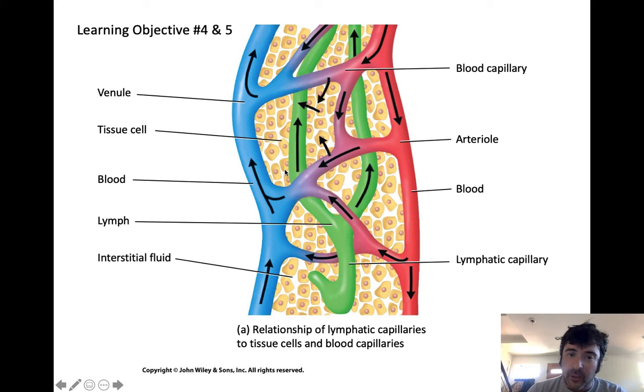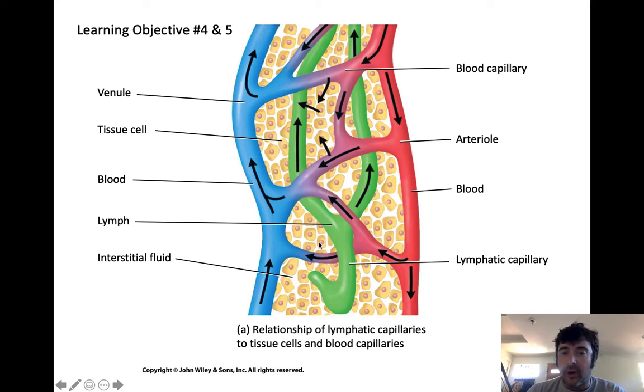The process by which interstitial fluid gets reabsorbed back into a capillary to take that material back to our circulatory routes, that process is called reabsorption. And you get filtration and reabsorption happening all the time at the level of capillaries. Now, every blood capillary network you have in your body essentially also has a lymphatic capillary network.